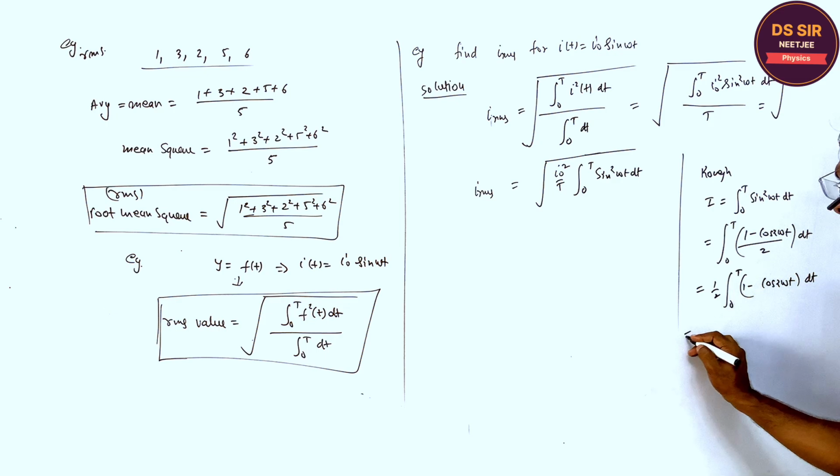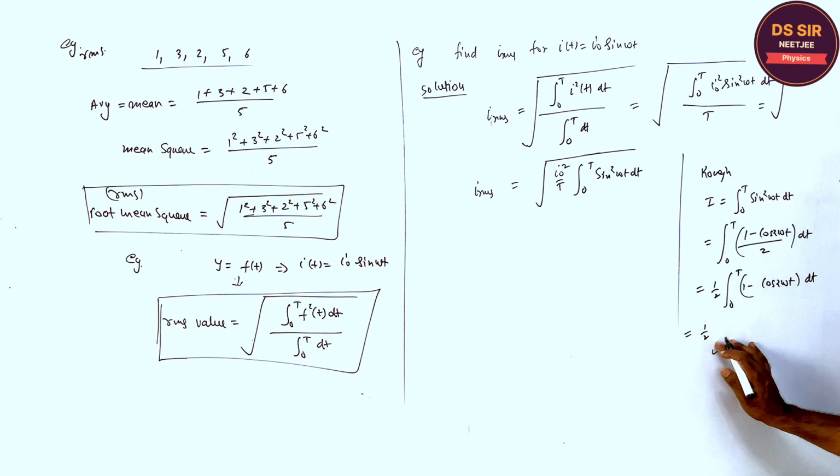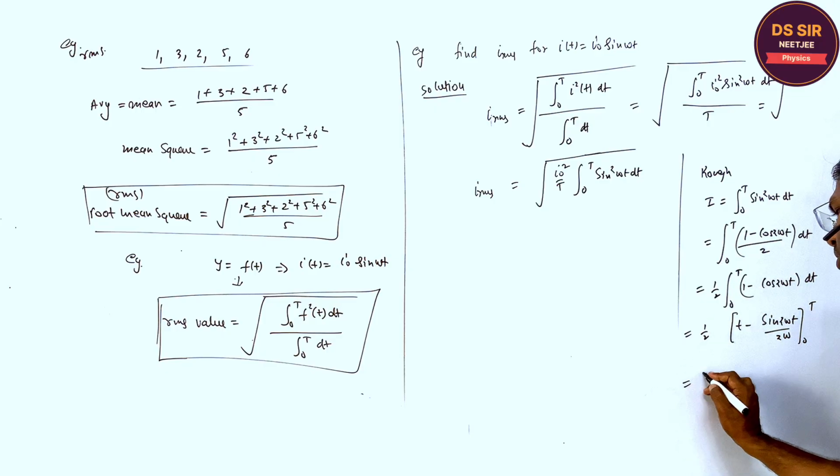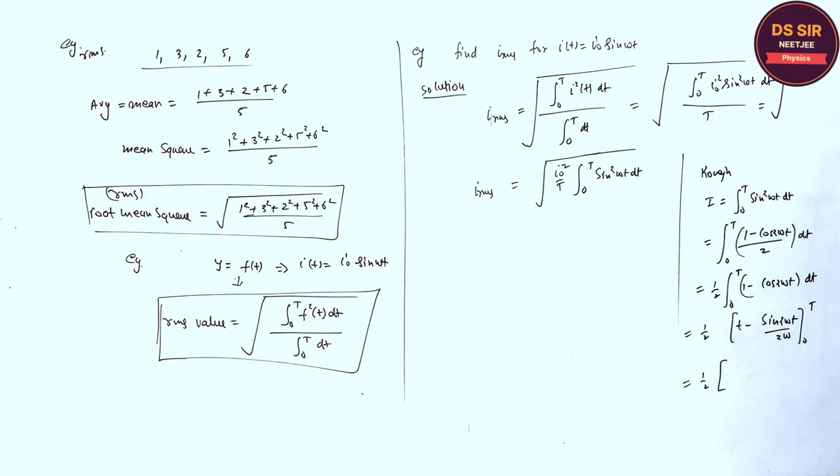Then the integration is T minus sin 2 omega t divided by 2 omega, from 0 to T, times 1 by 2. If you put the upper limit first, T minus sin 2 omega T upon 2 omega, minus the 0 limit, which is again 0, then it is T by 2.